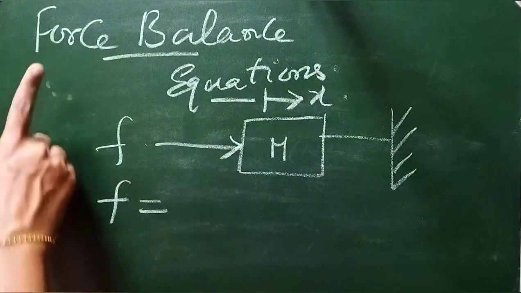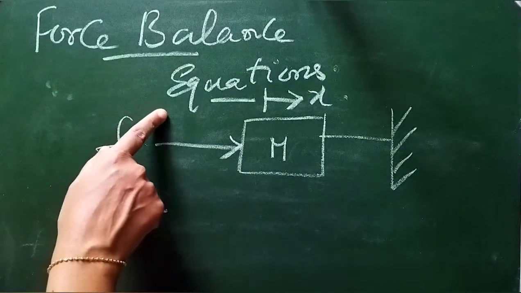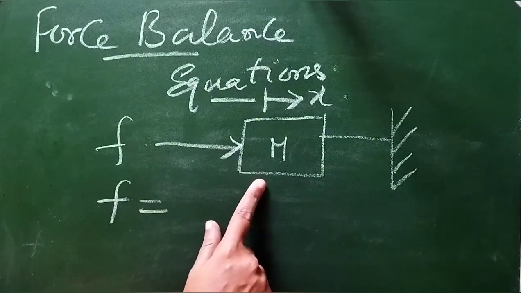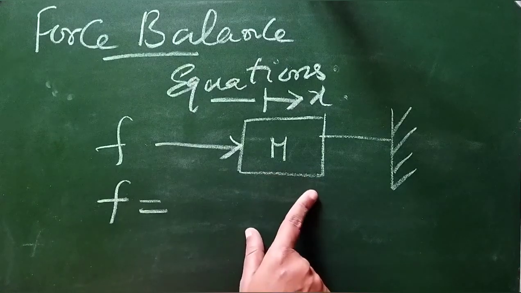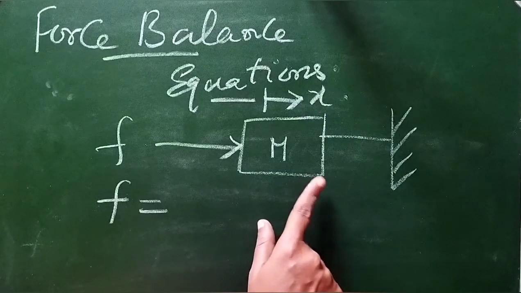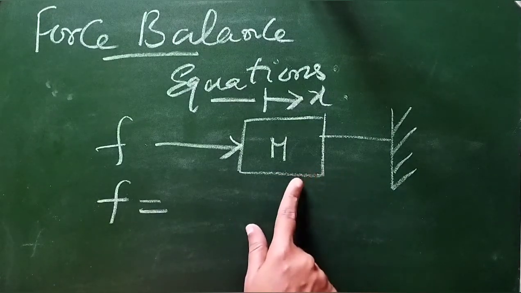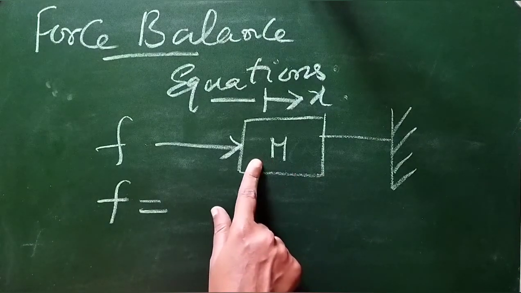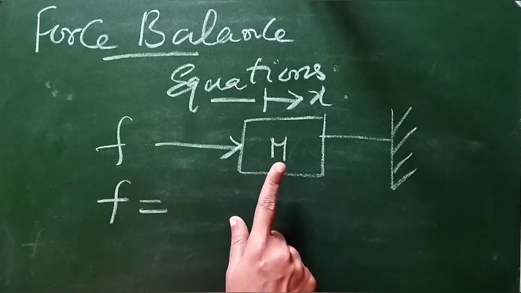Now we'll see the force balance equations, okay, for this mechanical translation system. Now the very first case, we consider an element where the other two factors, that is the spring and the dashpot, are negligible. The other two characterizing elements are absent here. You have only mass present here. This is an ideal case where the other two factors are absent here.